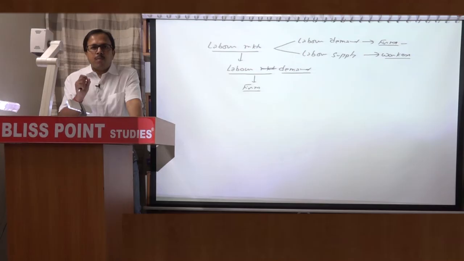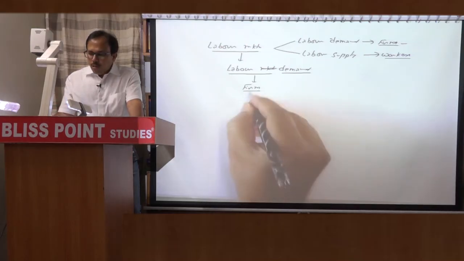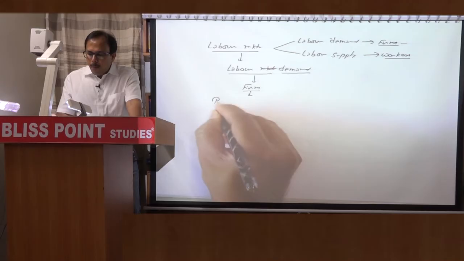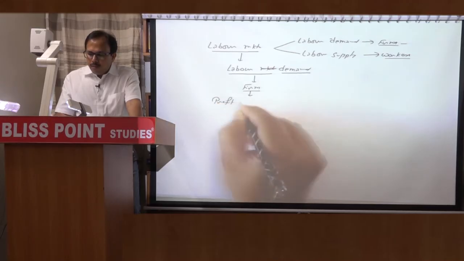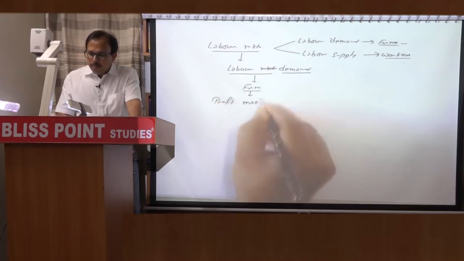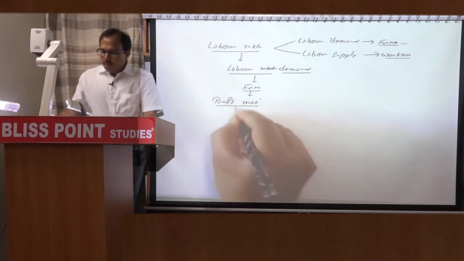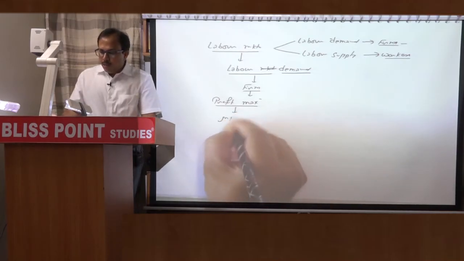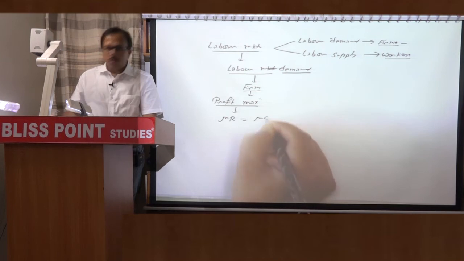So what was the profit maximizing condition? The firm will maximize its own profit when it produces that much output where marginal cost is equal to marginal revenue. Clear? So the profit maximizing condition requires that marginal revenue must be equal to marginal cost. Clear?